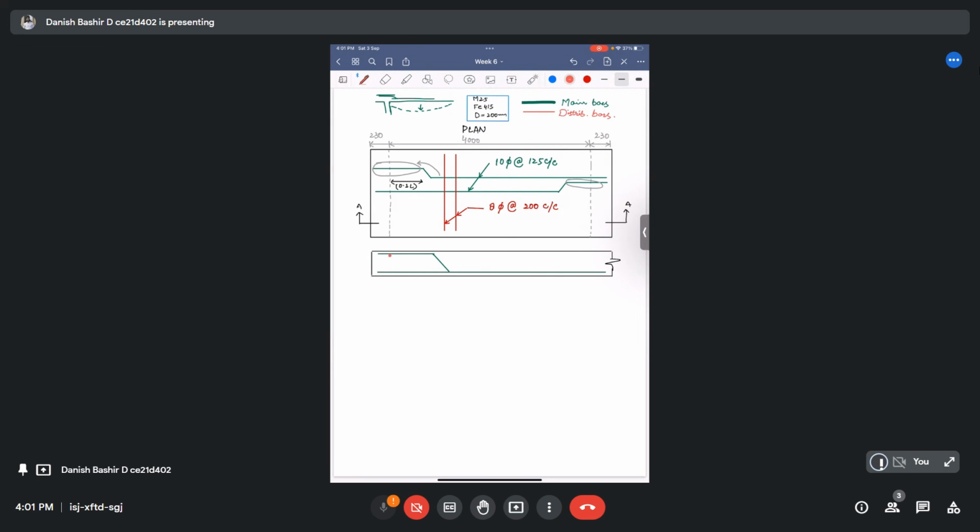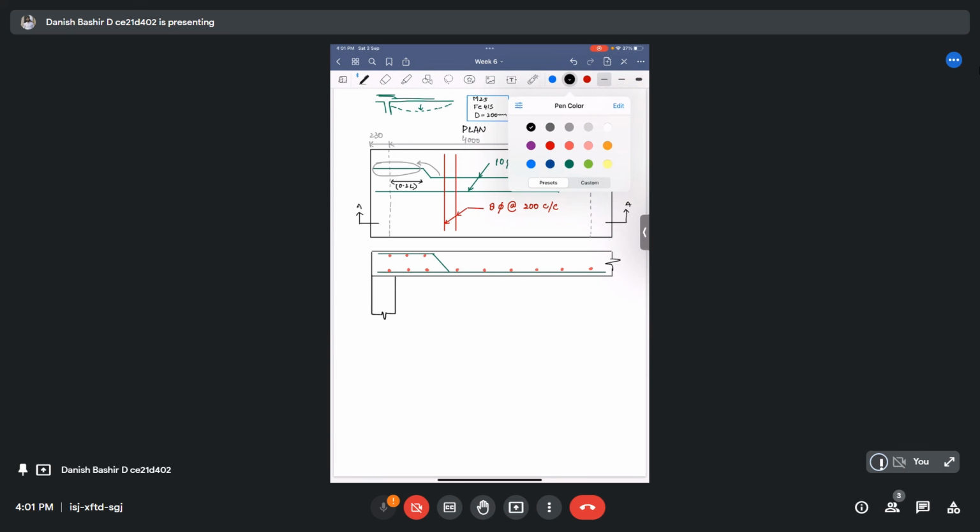Distribution reinforcement for this bar and distribution reinforcement for this main. Okay, we will have it all over the section like this, and here the wall is below it, like this.